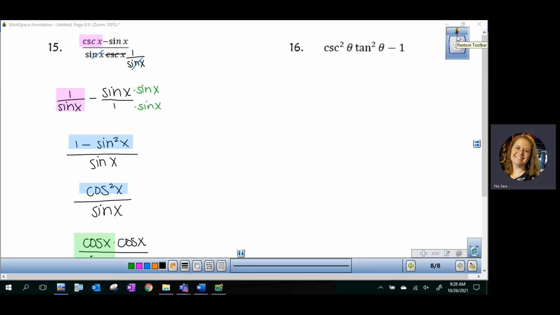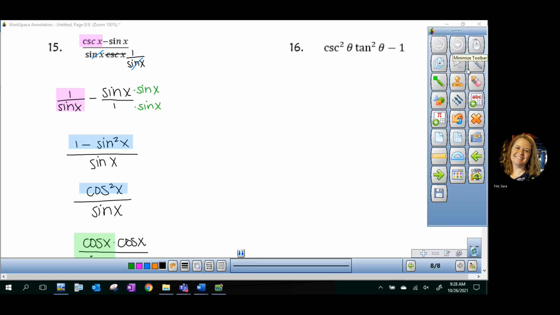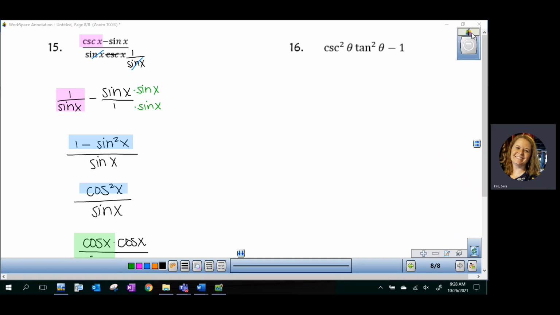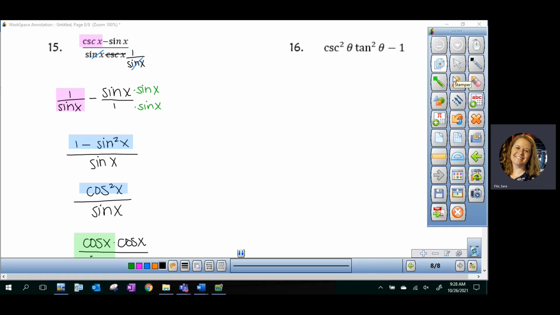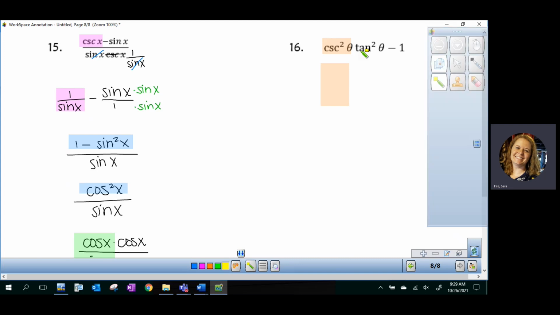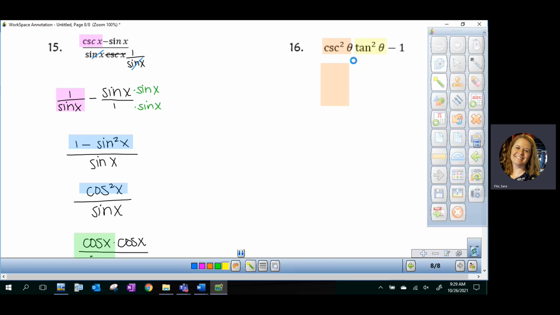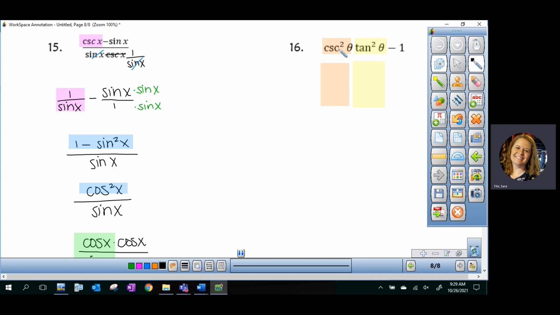All right, so here I'm going to use the strategy of putting everything in terms of sine and cosine. So cosecant squared, I'm going to use the reciprocal identity. In tangent squared, I'm going to use the quotient identity. So cosecant is 1 over sine.